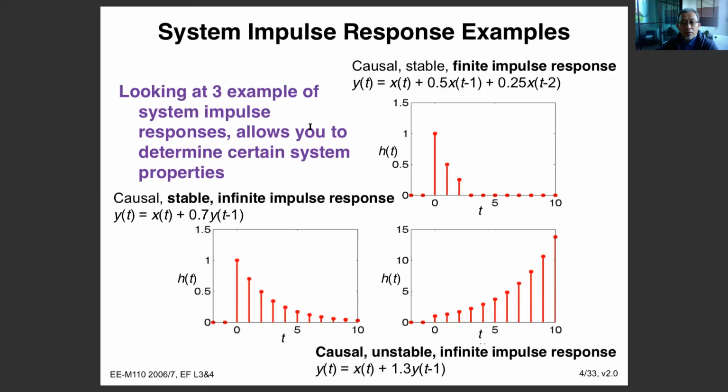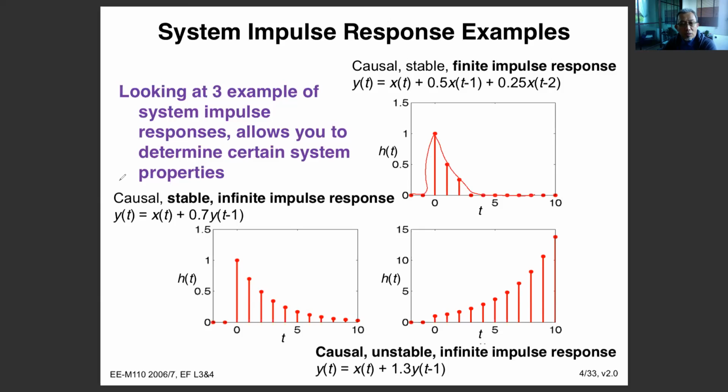So we have 3 examples here of system impulse response that allow you to determine certain system properties. For example, a causal, stable, finite impulse response is shown here: y(t) = x(t) + 0.5 x(t-1) + 0.25 x(t-2). So you can simply connect the line accordingly to show the output of the impulse response.